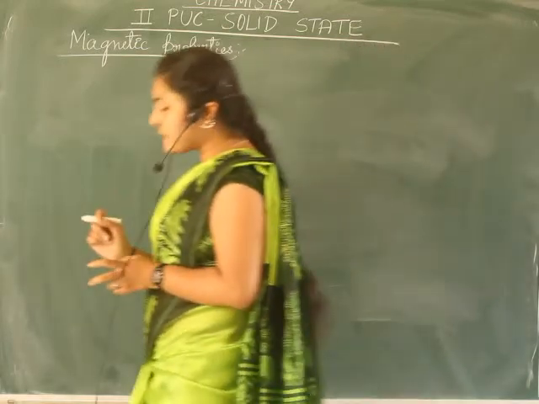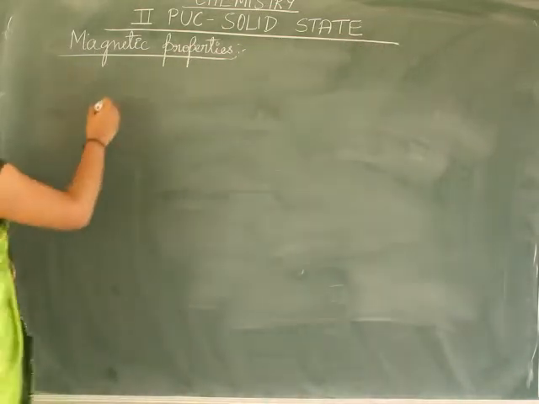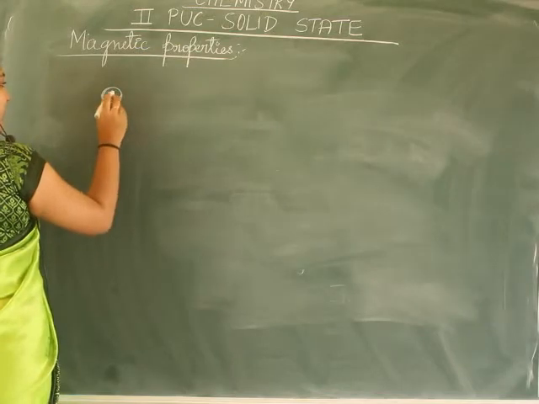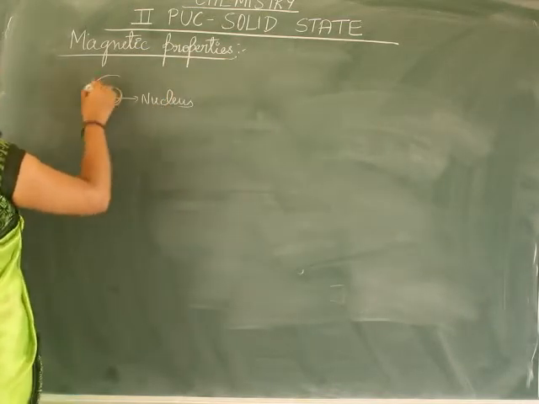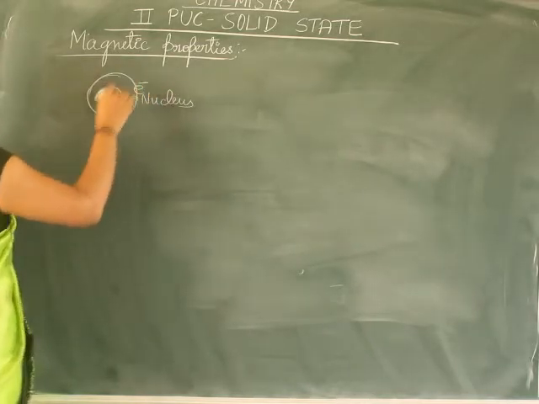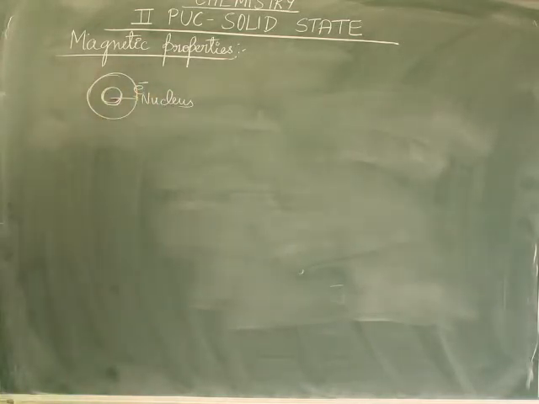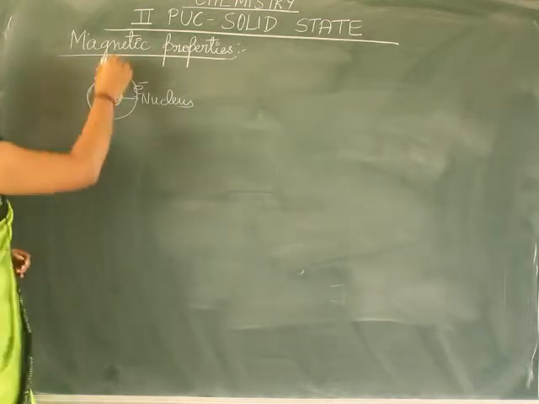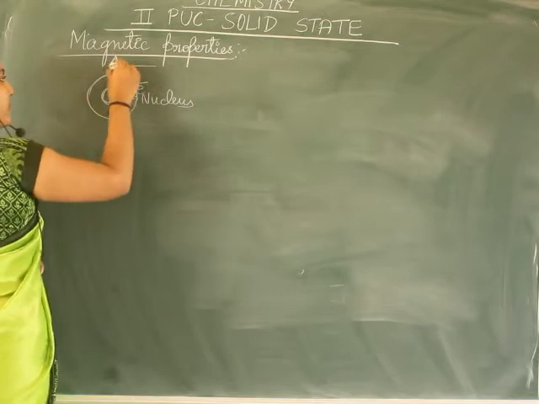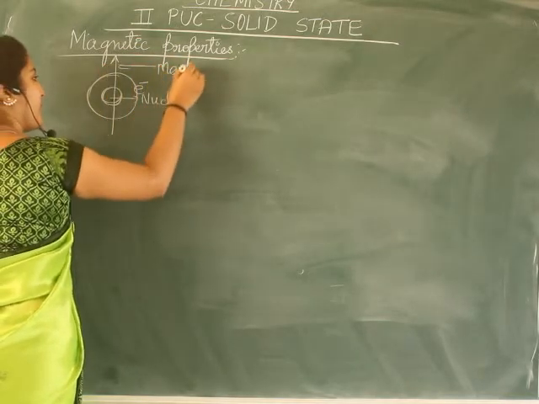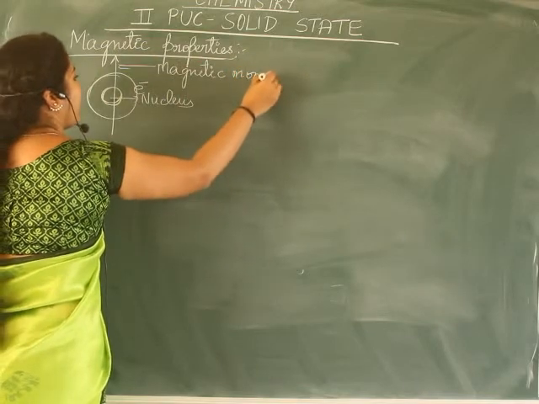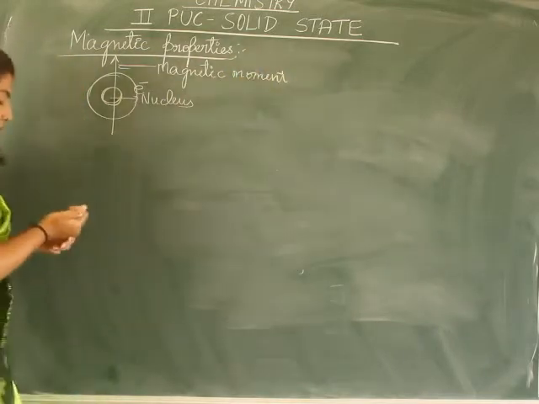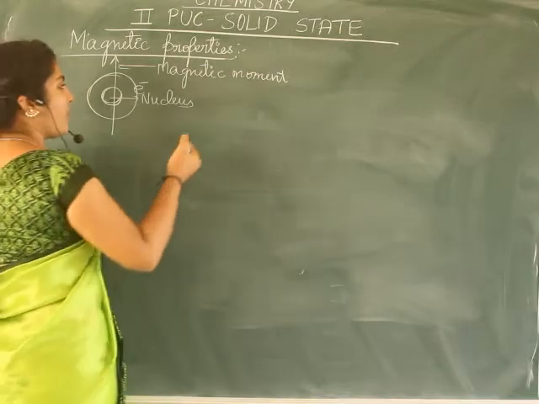Orbital motion means, for example, if you consider an atom, with the nucleus, around the nucleus the electron revolves, isn't it? The electrons keep revolving around the nucleus. So a magnetic moment will be produced. How is this magnetic moment produced? It is due to orbital motion and spin motion.